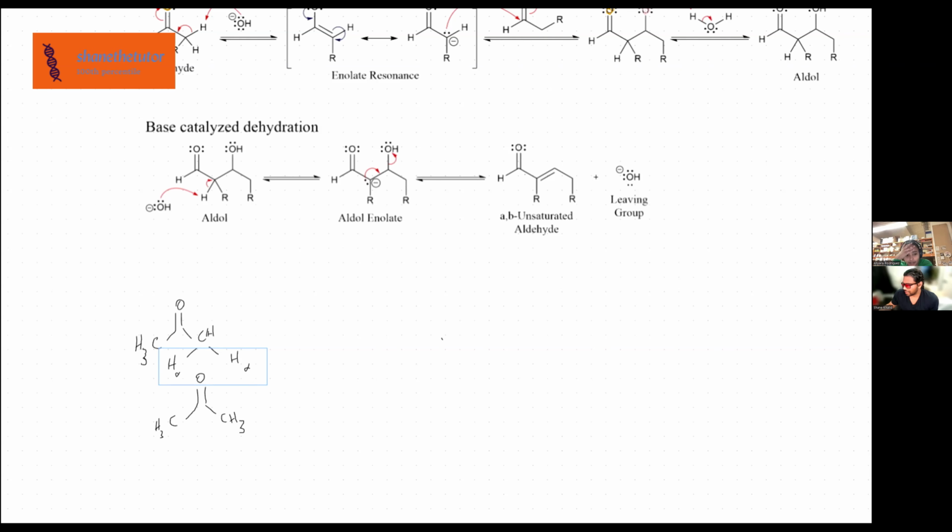So this will ultimately give you that. Yeah, I see how you got rid of water. So that's a shortcut way of doing it.